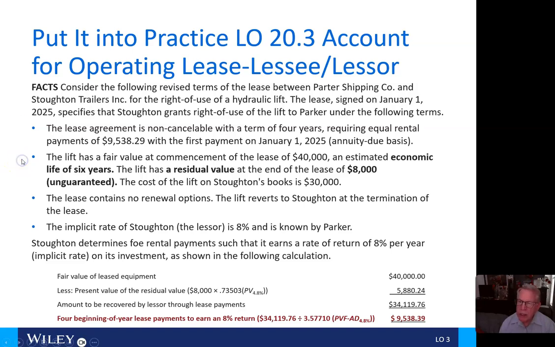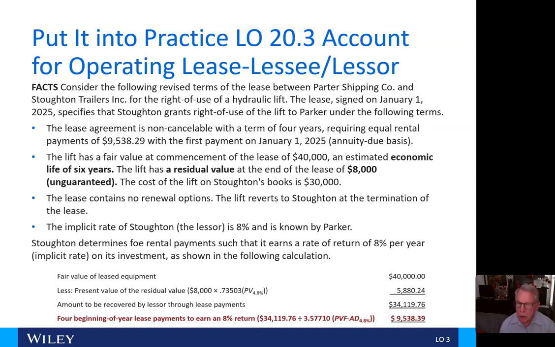Number 2, the lift has a fair value at commencement of the lease of $40,000, an estimated economic life of 6 years. The lift has a residual value at the end of the lease of $8,000, which is unguaranteed. And the cost of the lift on Stroughton's books is $30,000.